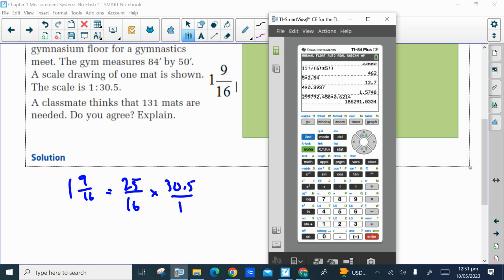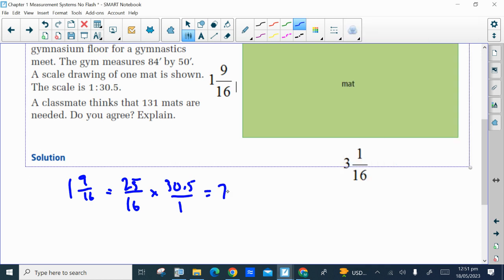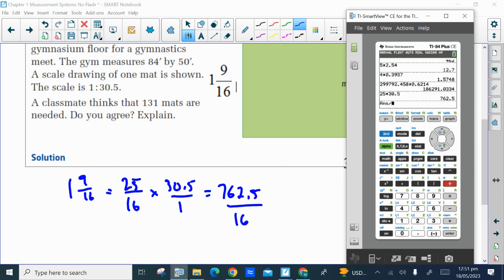On top, it's 25 times 30.5, which is 762.5 over 16 times 1.